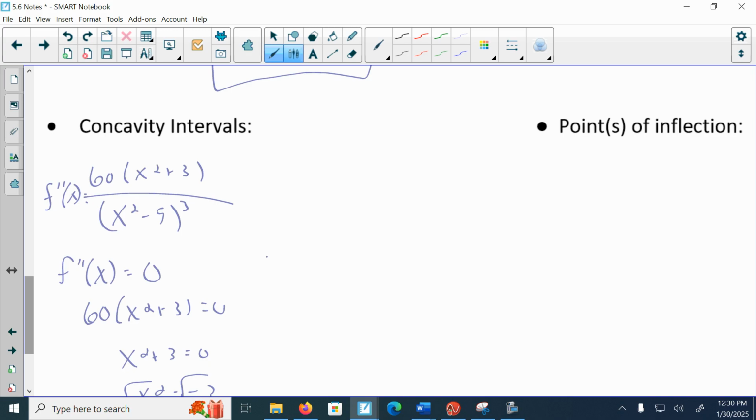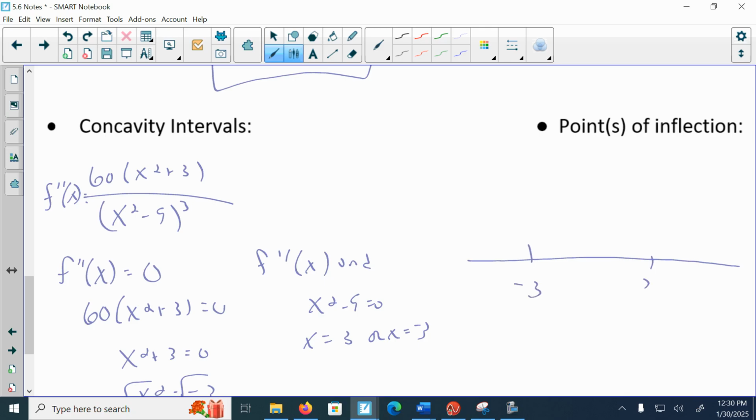And then I'm going to ask myself, where is the second derivative undefined, and that happens again when x squared minus 9 is equal to 0, and that x is equal to 3, or x is equal to negative 3. Making my table, I am going to have negative 3 and 3, so kind of similar to the other one, no 0.